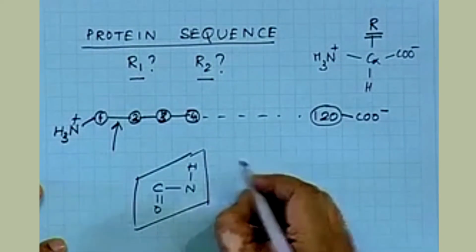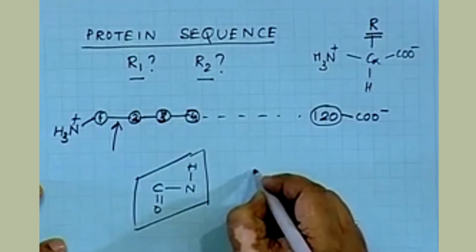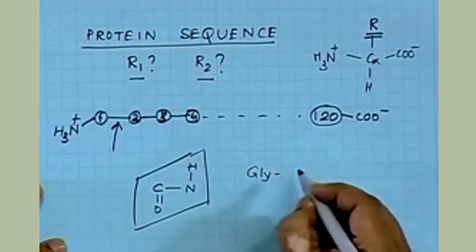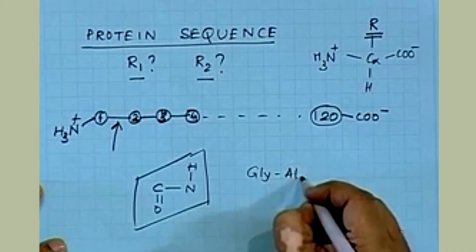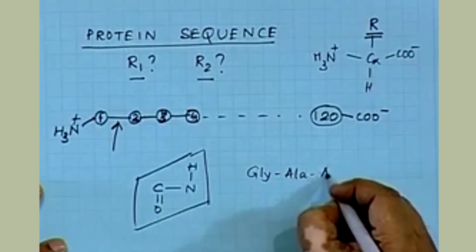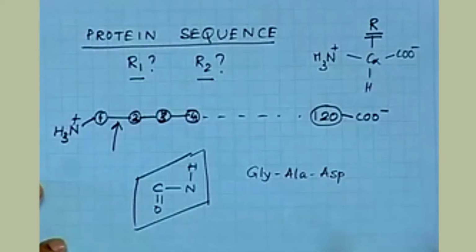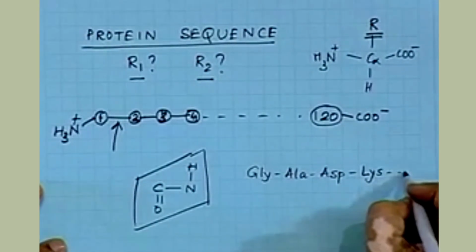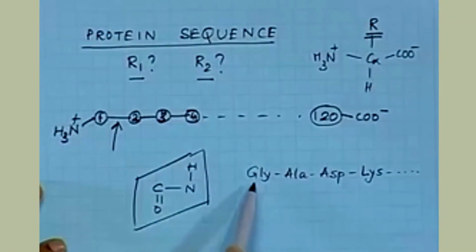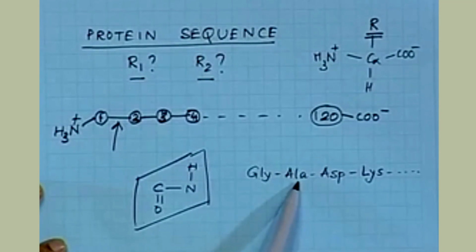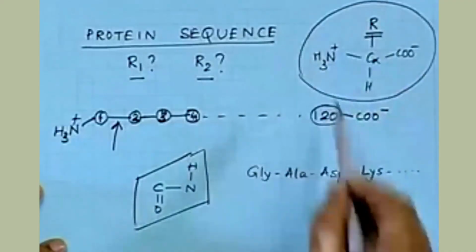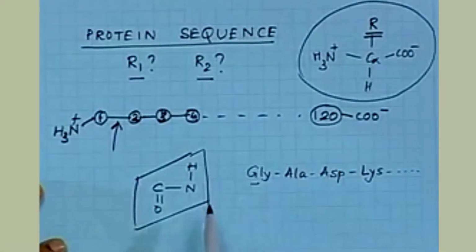In the 3-letter code, if this first one were a glycine, I would write gly linked with, say, alanine, linked with an acidic amino acid, aspartic acid, linked with a basic amino acid, lysine, and so on and so forth. Because now when I have glycine and alanine and aspartic acid, I know what the rest of the atoms are, because I know the side chain of glycine, I know the side chain of alanine, and so on.